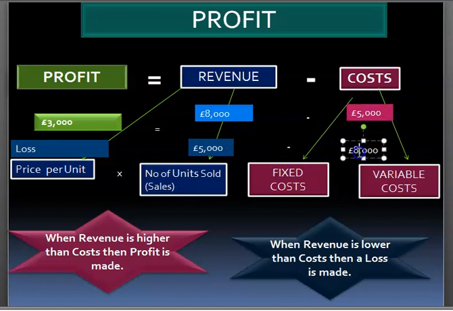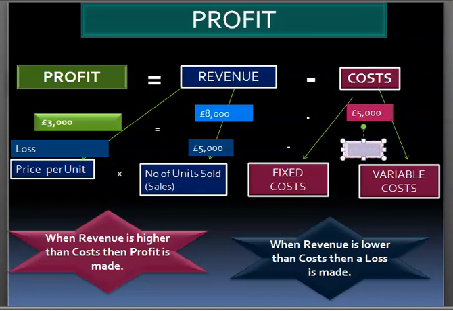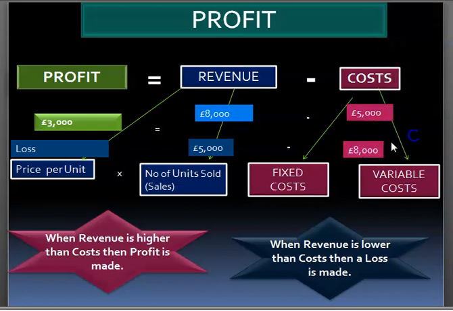If you minus £5,000 from £8,000, you can see this is lower than that. Definitely they're making a loss, and we will say they make a loss of £3,000. So that will be, let me put equal sign there, equals 3,000 a loss. So we express loss with a negative figure.